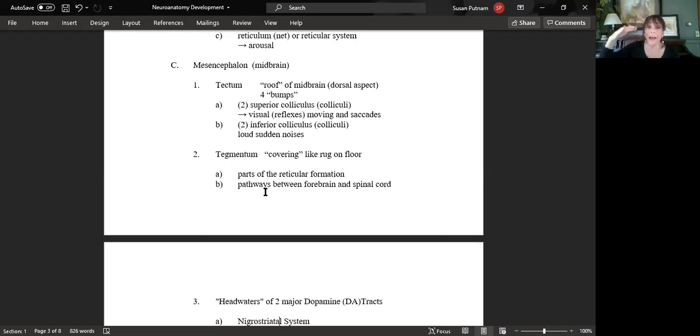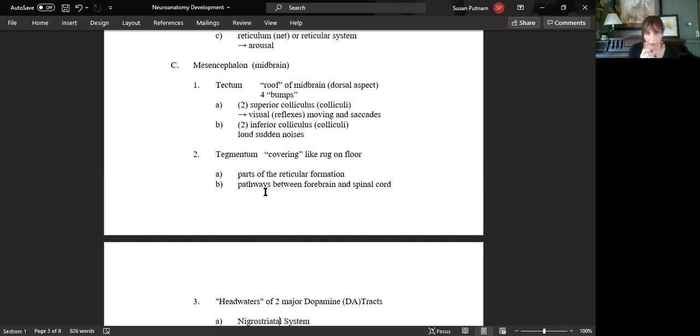Okay, so let's move to the tegmentum, which is still in the mesencephalon. I look at it as a covering on the floor, like a rug. That kind of helped me get that covering idea in, and it has parts of the reticular formation running through it, communicating with it.